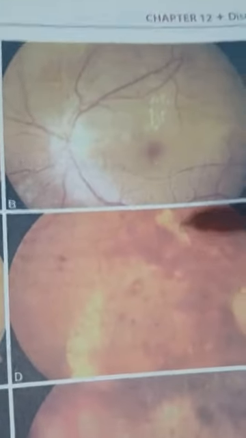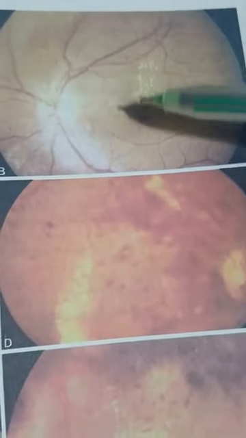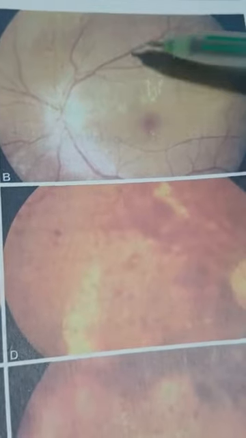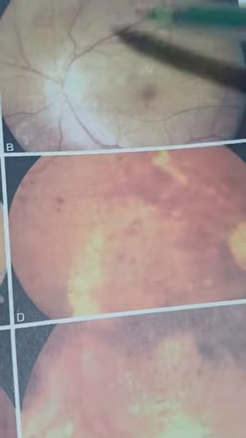Now next is moderate NPDR. Can you see this second diagram? What is here? Microaneurysm, or can you see this microaneurysm or the intraretinal hemorrhages? These are occurring in 2 or 3 quadrants. For example, we divide the retina into these quadrants, so you can see this intraretinal hemorrhages in 2 or 3 quadrants.